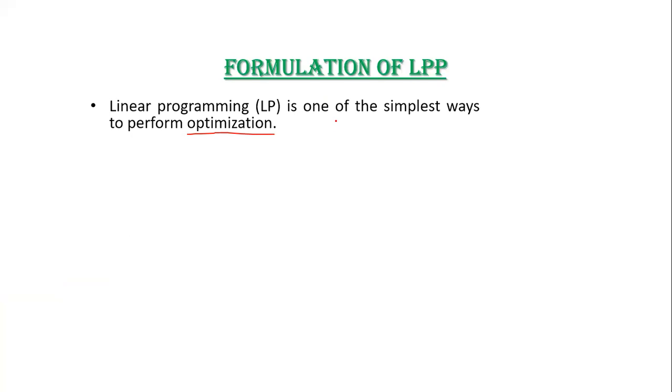Let us take a function f of x. This f of x we have to maximize or minimize. So that is what optimization is. Either you have to maximize or you have to minimize. So that is the ultimate goal of any process.